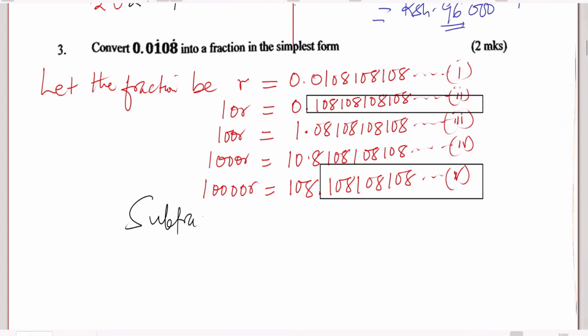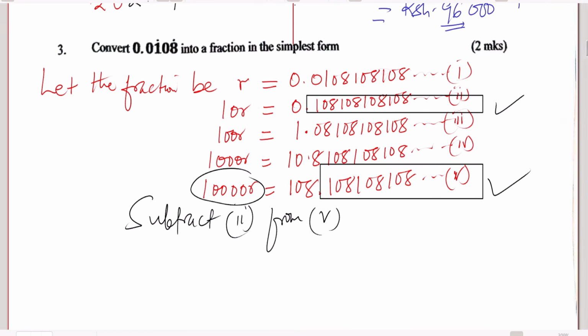So subtract equation 2 from equation 5. We're going to take 10,000 r minus 10r.